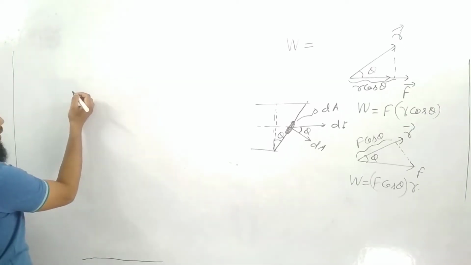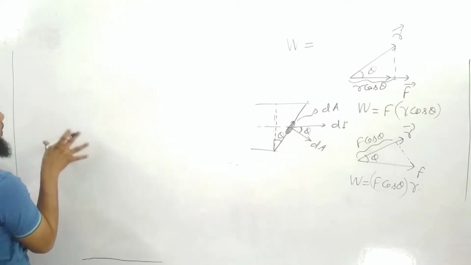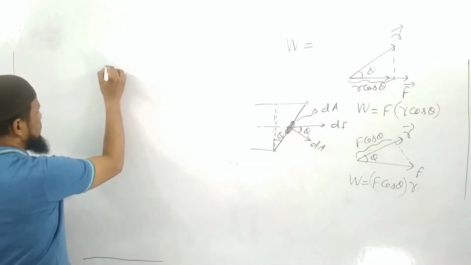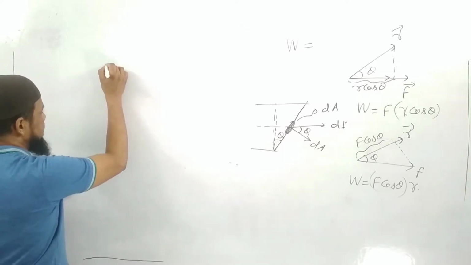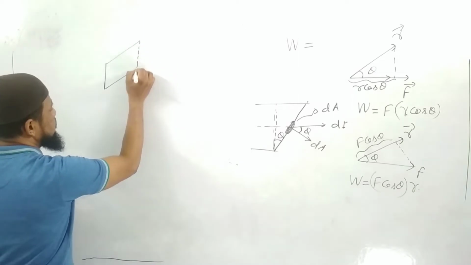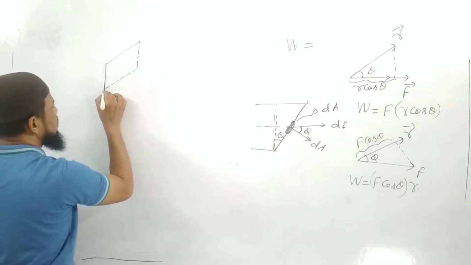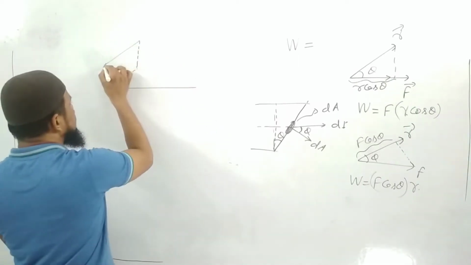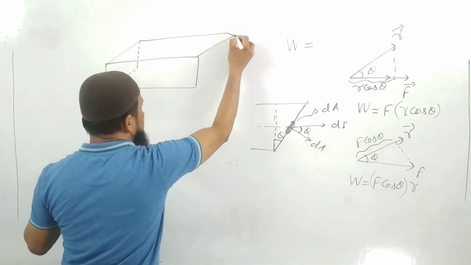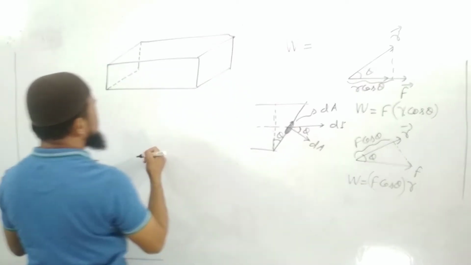Let us try to find out current density. Let us consider a rectangular body, like this.